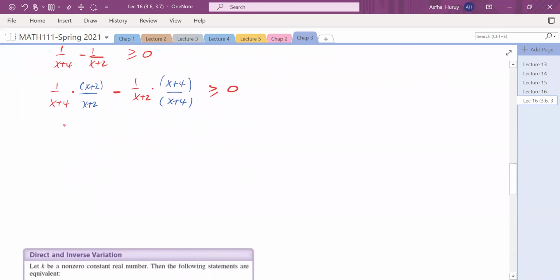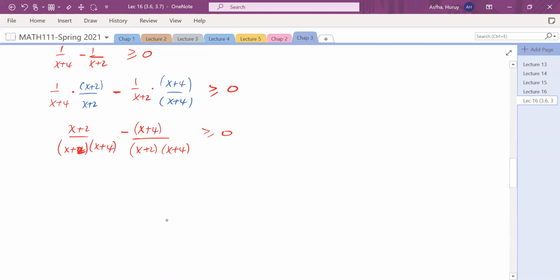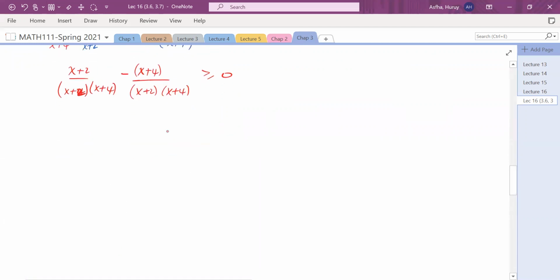If we multiply this, we get x plus 2 over (x plus 2)(x plus 4), and then here I will have x plus 4 over (x plus 2)(x plus 4), greater or equal to 0. Now, since they have the same denominator, I can subtract them.